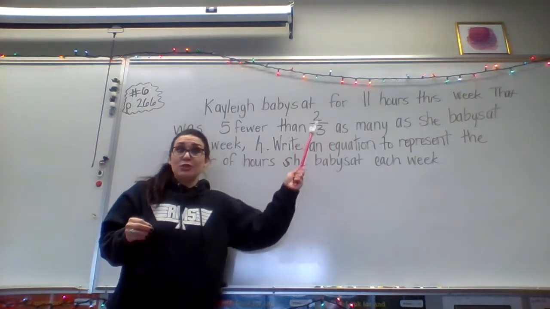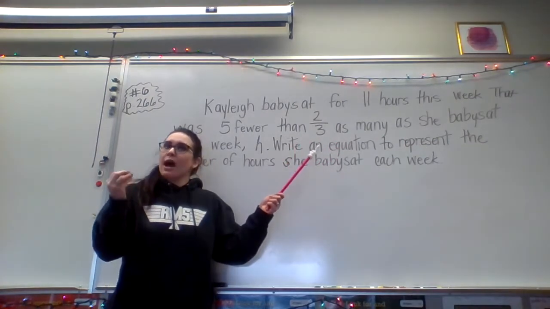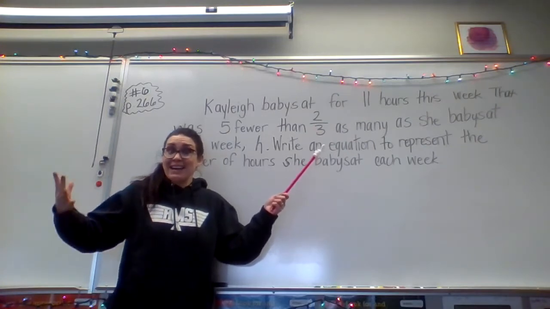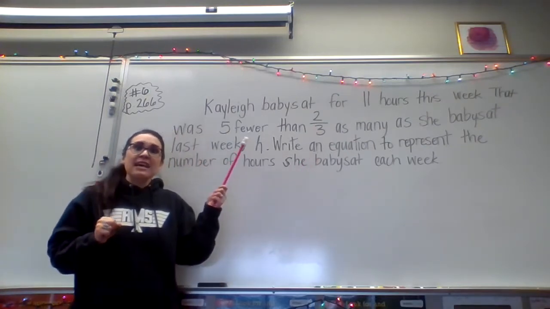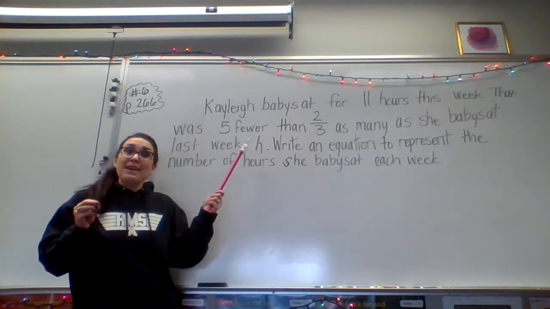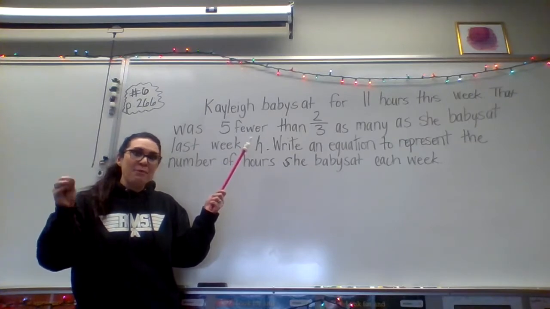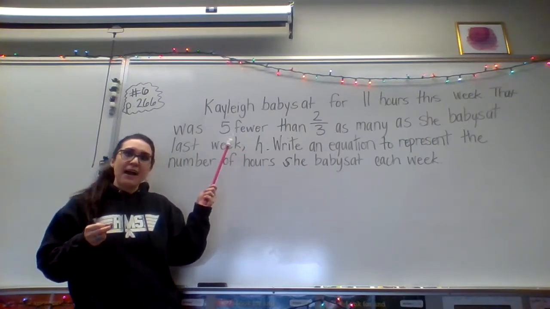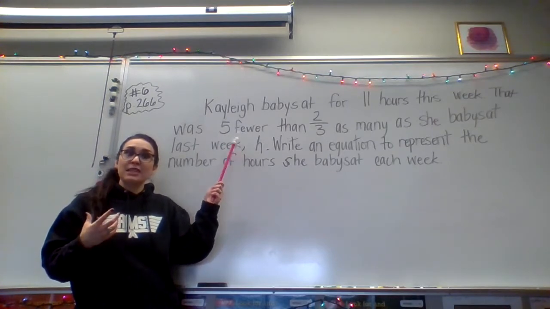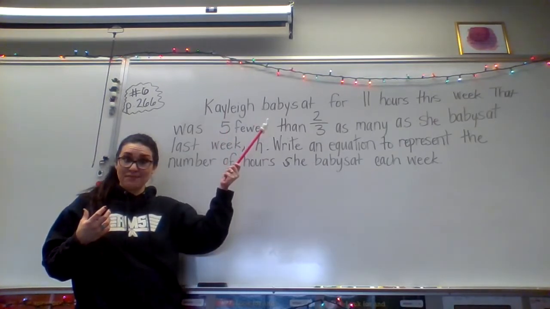Twice as many, 2/3 as many. And what operation did we use to represent that twice as many? And likewise, in that last problem we did about Tucker the pug and Marley, it said 3 more, and we used addition, but this says 5 fewer. So what operations might we be using to represent this situation?